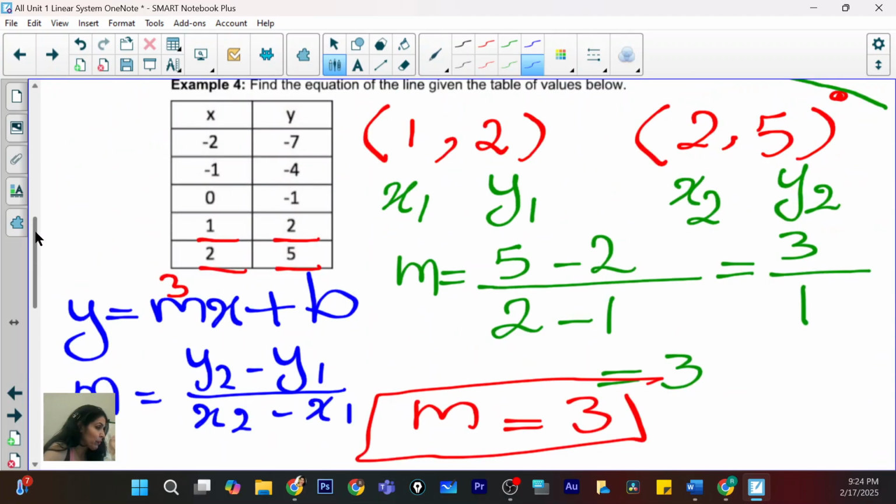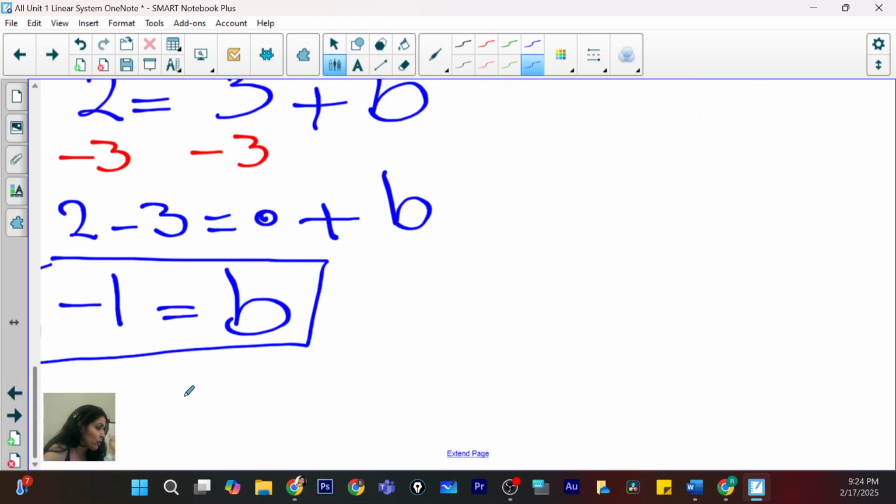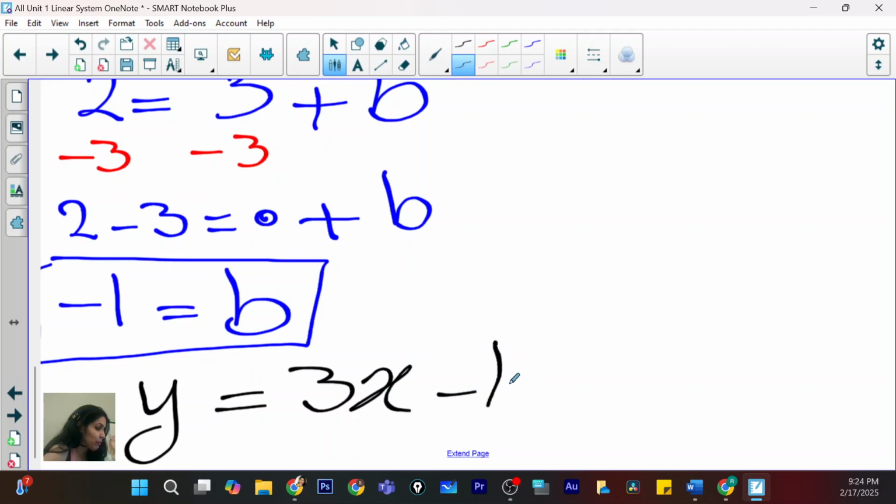So we have m equal to 3, b negative 1. So write the equation y equal to 3x plus b, negative 1, sorry, because b is equal to negative 1.